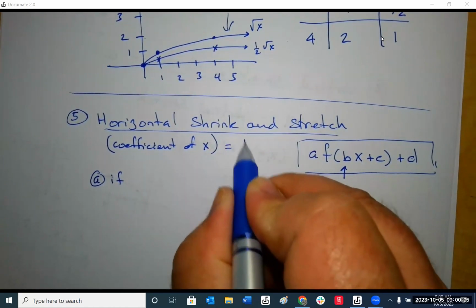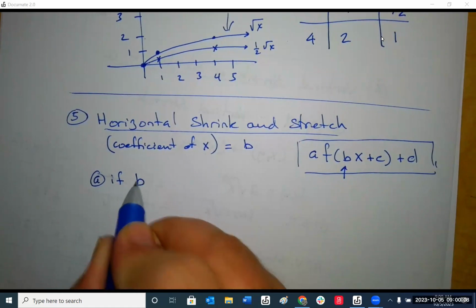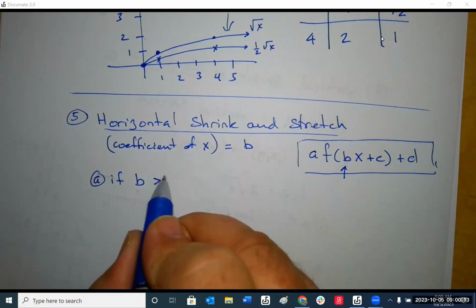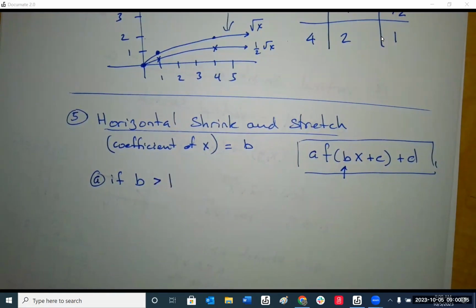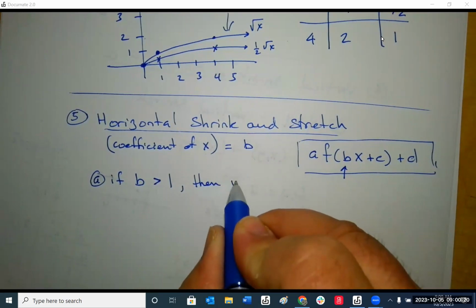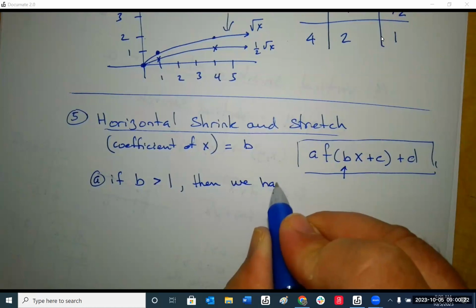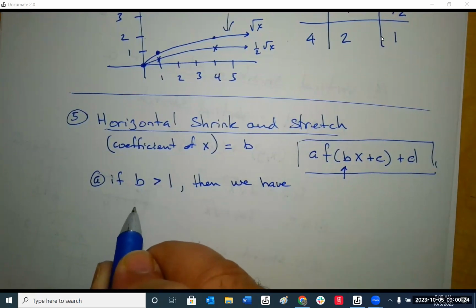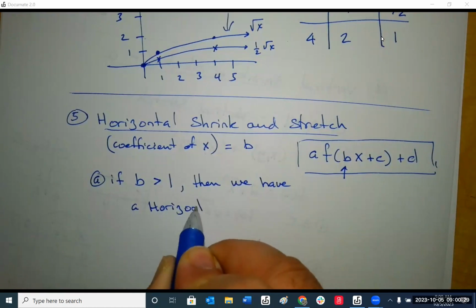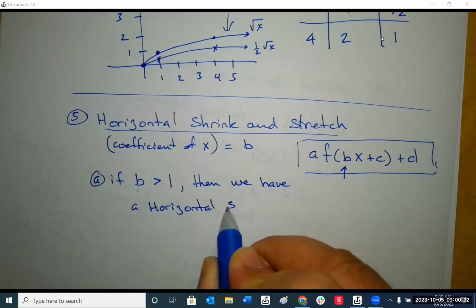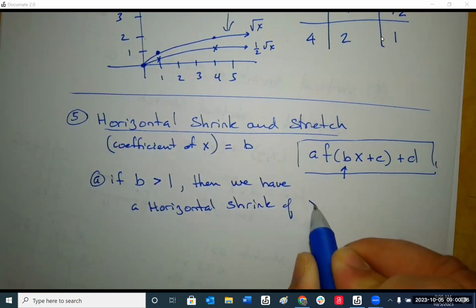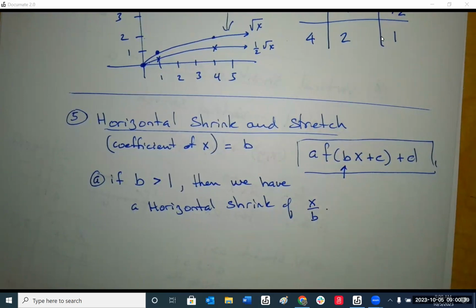So we're looking at the value of B. If B is greater than 1, then we have a horizontal shrink of x over B.